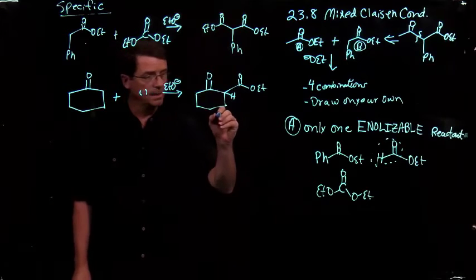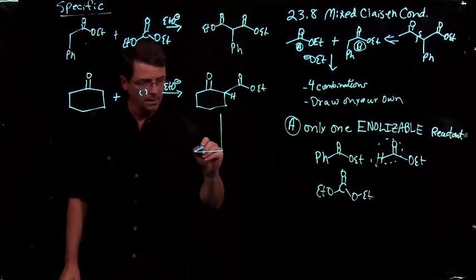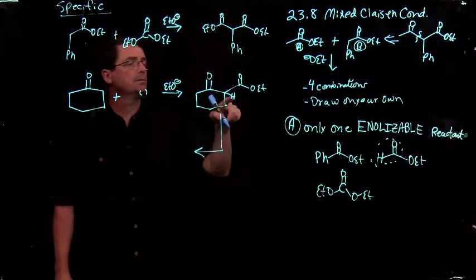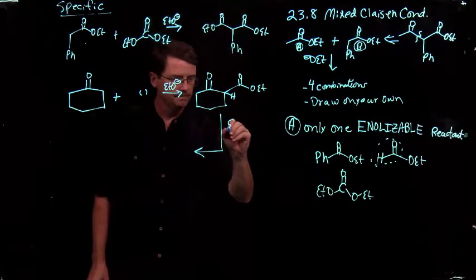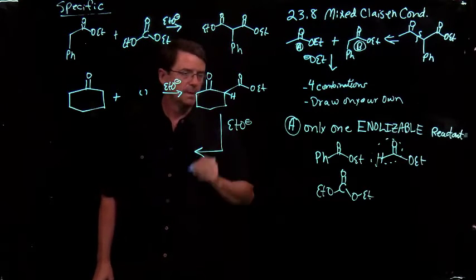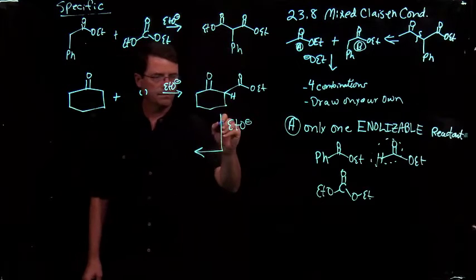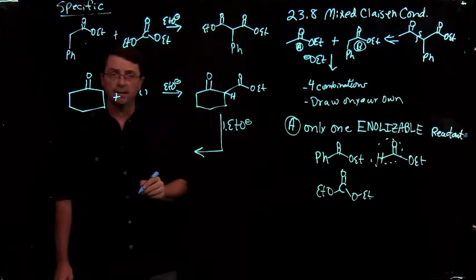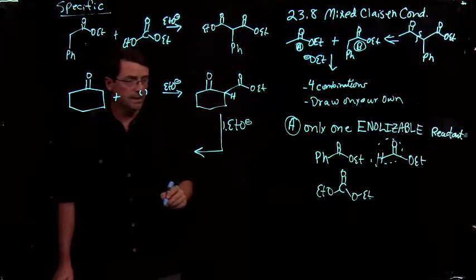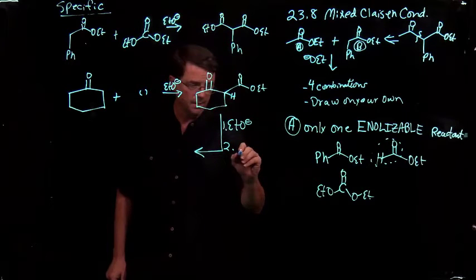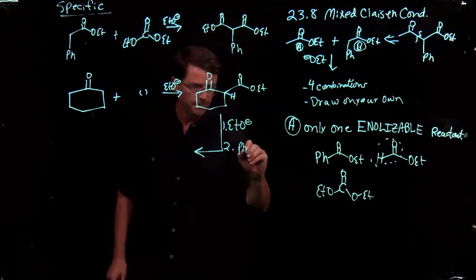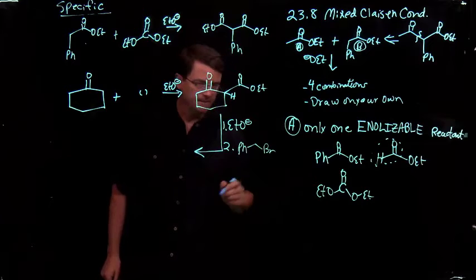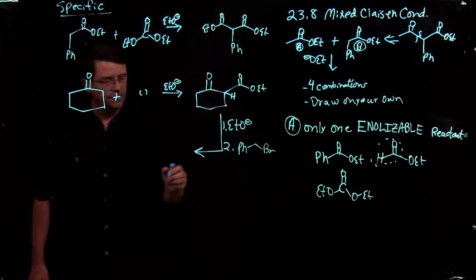So for instance, I can now take this, and with its very acidic proton, with ethoxide, first I can deprotonate it, and that'll go essentially quantitatively. Then I can put in an electrophile like benzyl bromide.